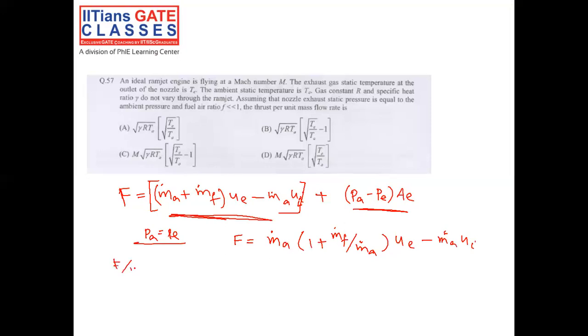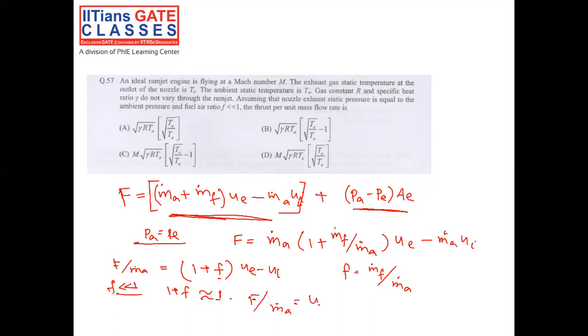So F by ma dot basically becomes (1 plus f) ue minus ui. Here f is the ratio of the fuel flow rate to the mass flow rate of the air. And as f is less than 1, 1 plus f is almost 1. So F by ma dot is ue minus ui.